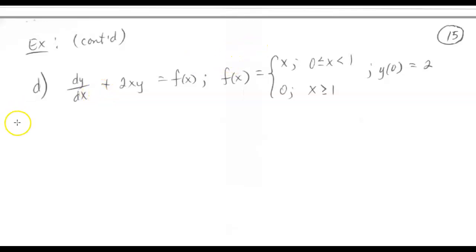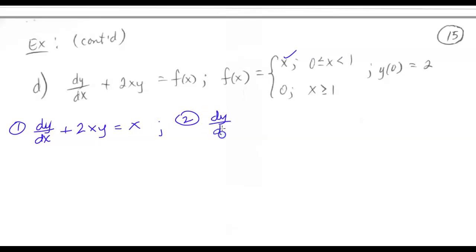Okay, so the first problem that we will have to solve would be dy/dx + 2xy = x, because that's the first piece in the piecewise function. The second problem that we will have to solve is dy/dx + 2xy = 0.